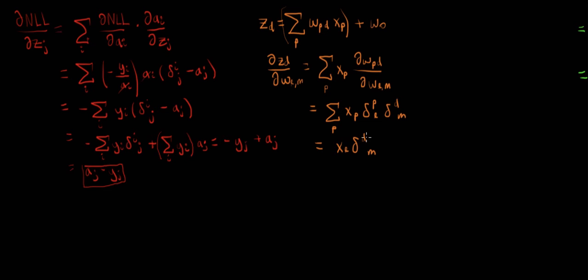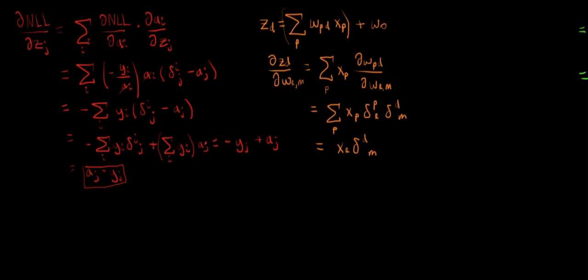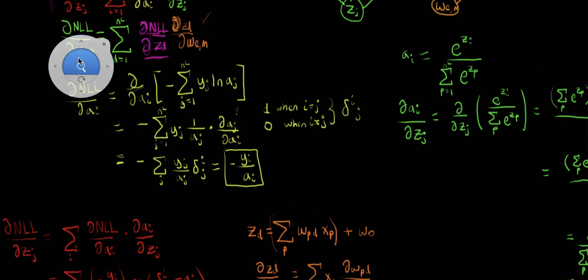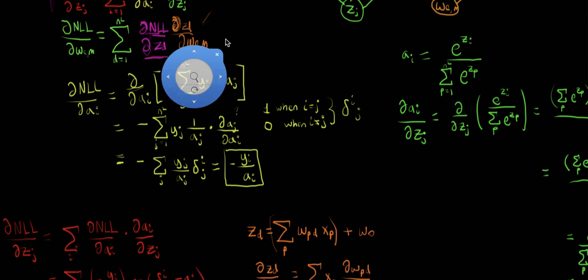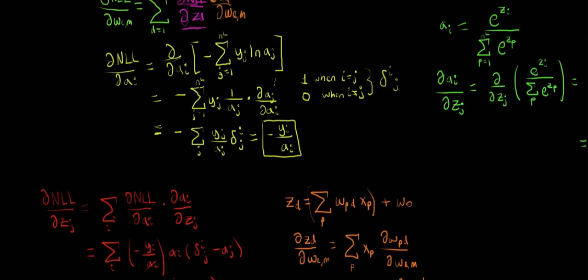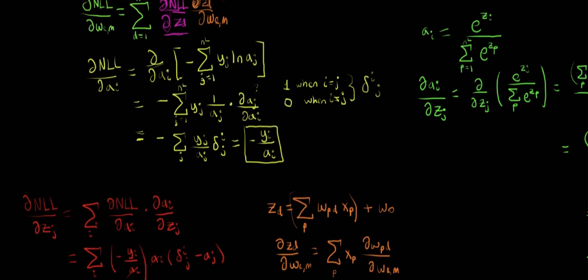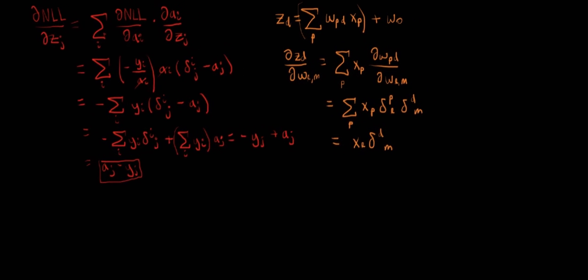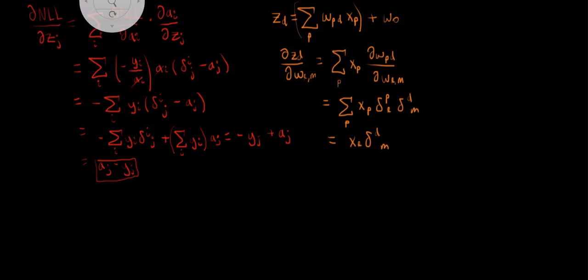Okay, so let's put all of the things together. So recall our formula. So the derivative of NLL with respect to the weights is this final sum here. So we can go down and we can compute this final sum. Okay, let's see. What color have I not used already? We'll do it in pink.